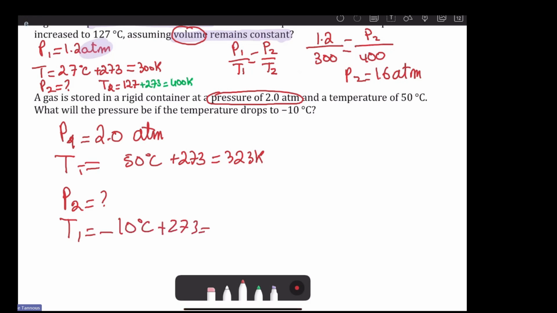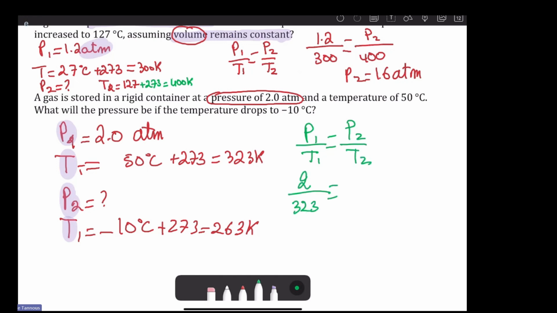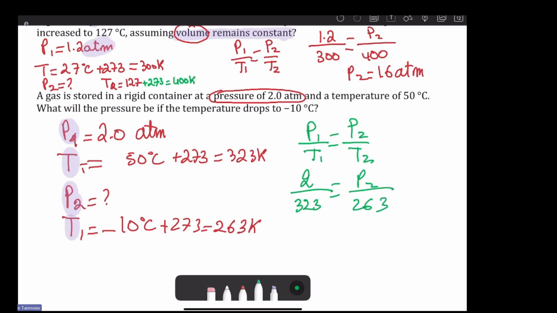Immediately I'll add 273. So that's 263 Kelvin. So the formula is between P and T. So 2 over 323 equals P2 over 263. So the final pressure is 1.62 atm. Just like the given unit, you write the pressure in atm. And that's it.